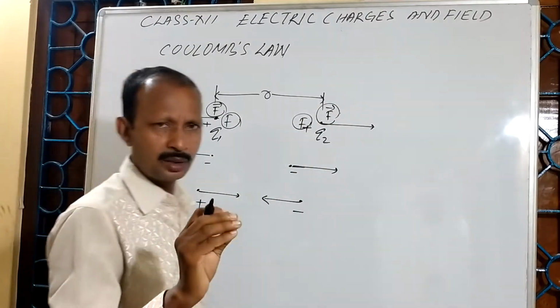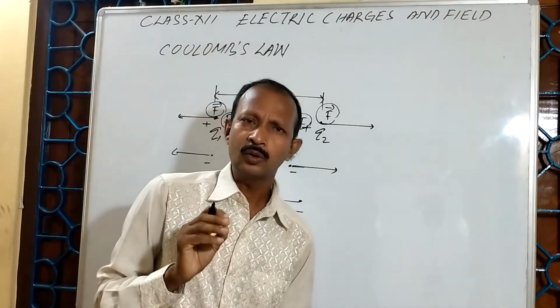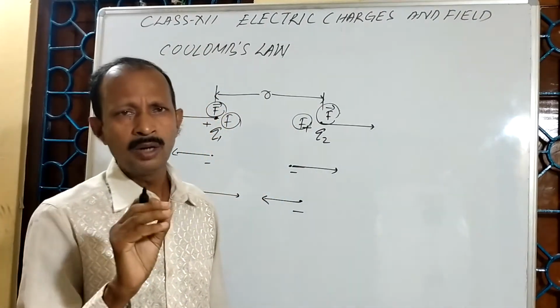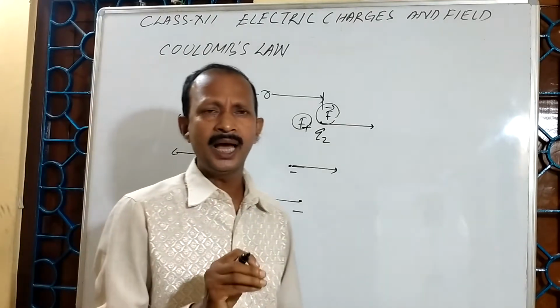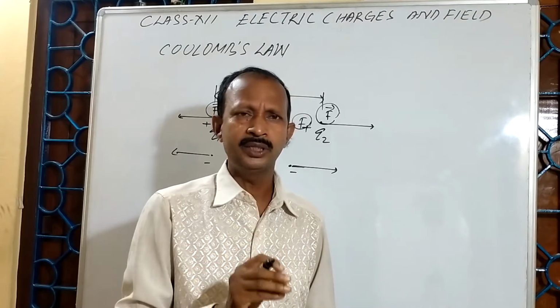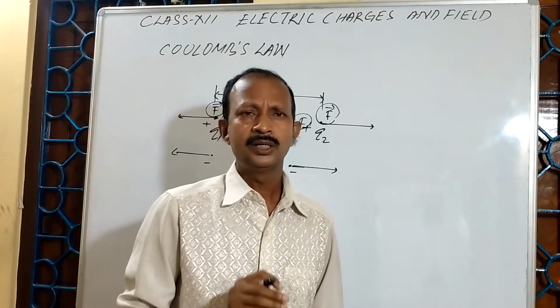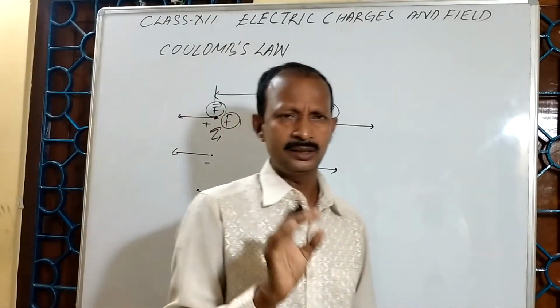That means Coulomb's law helps to calculate the force between two point charges when they are at rest, because our topic is related to electrostatics. So we are discussing only charged particles at rest.